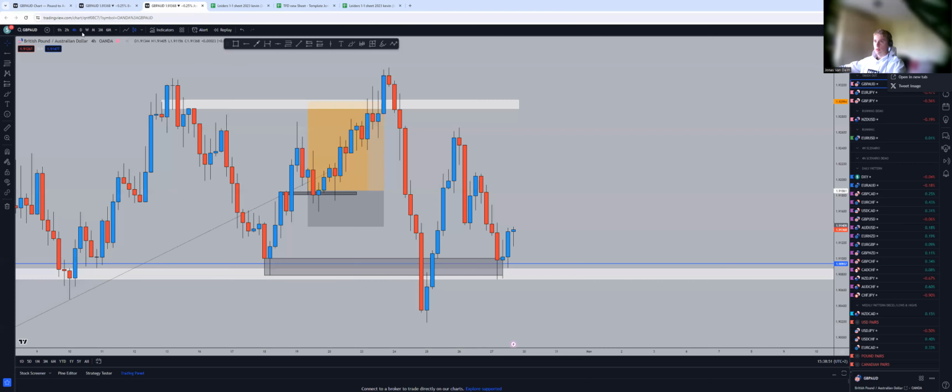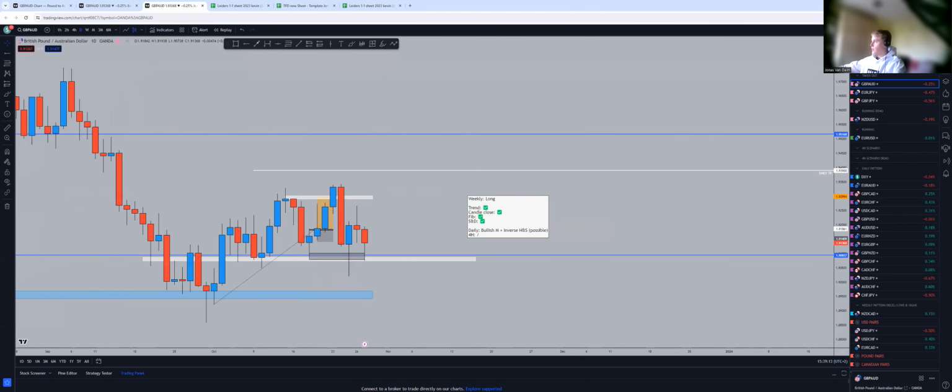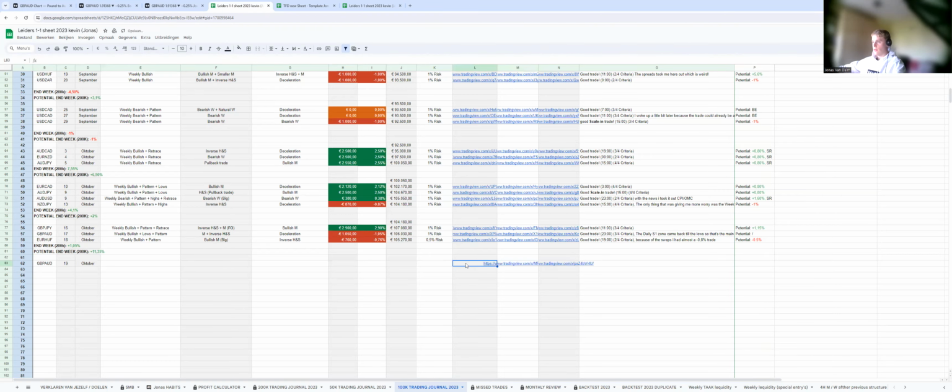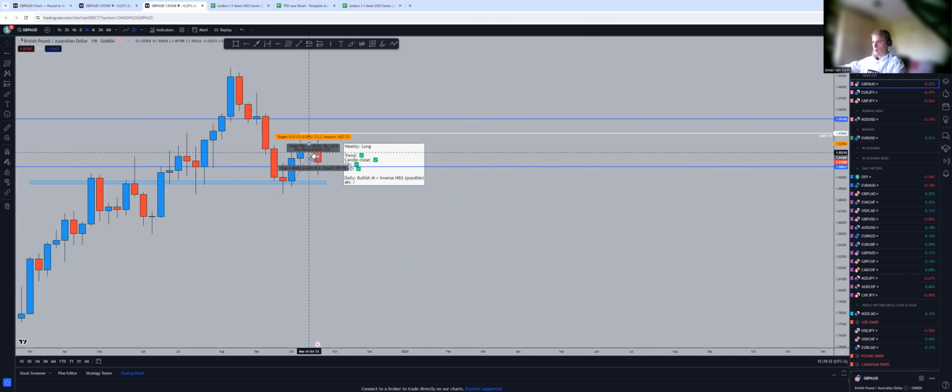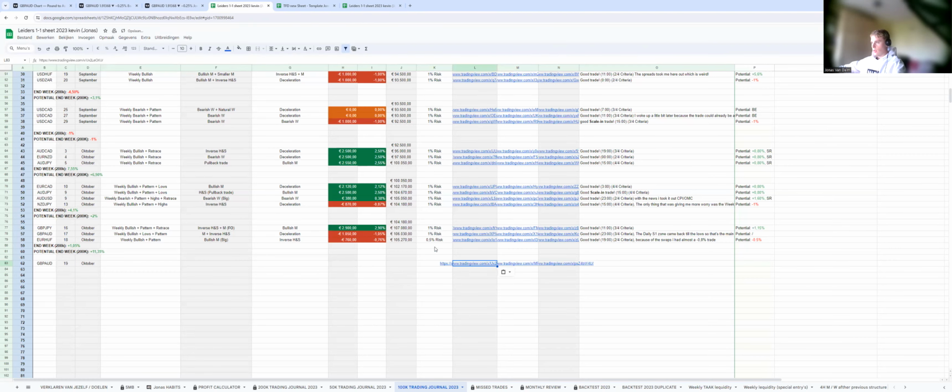Then we can also copy the daily, daily chart. Then the weekly, like this, weekly. I just took 1%, so I copy this from here, like that.